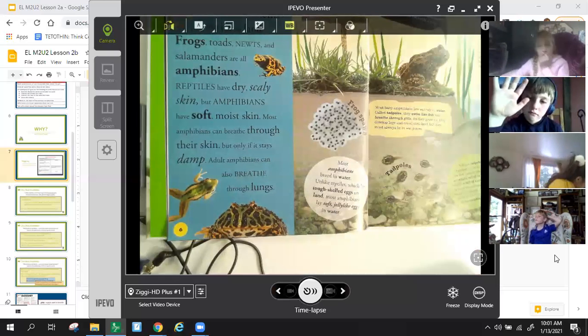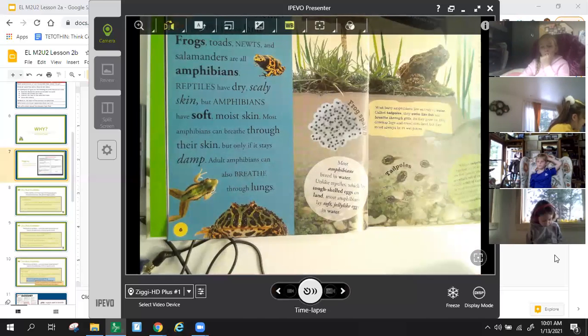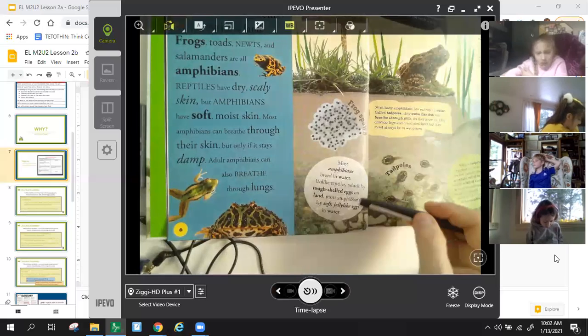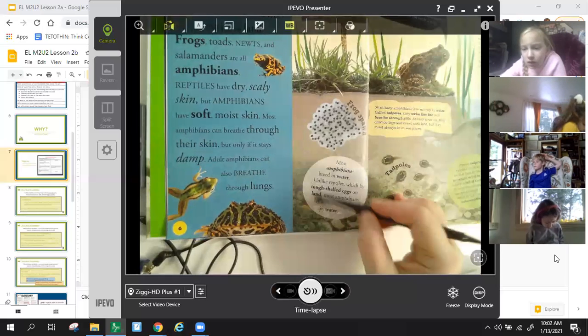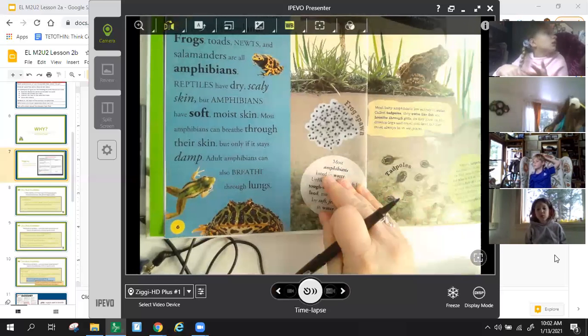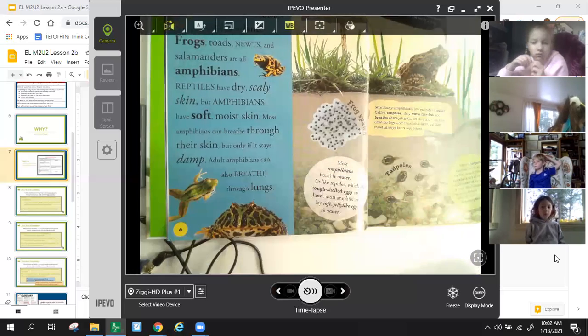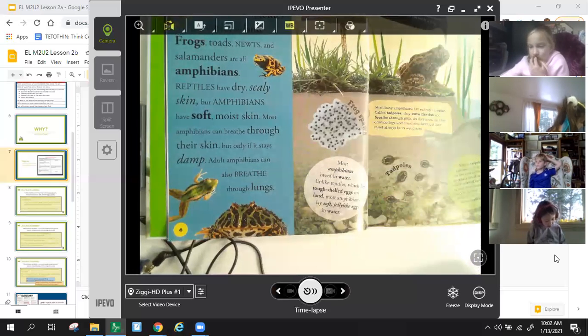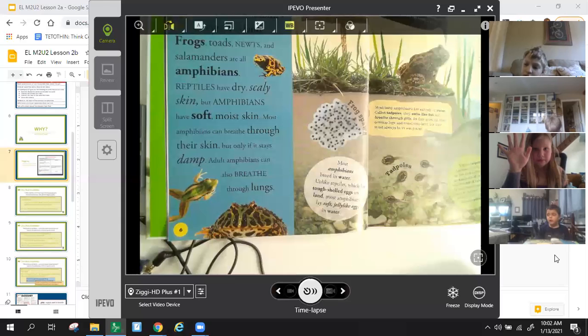Does anybody see a word that appears in bold twice in that section? Cole, what do you see? Eggs. Okay, that's what this whole section is about, right? That stage of the life cycle. What other word do we see repeated in bold type, Marin?